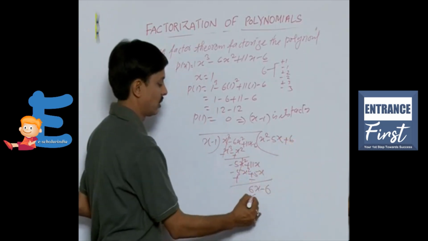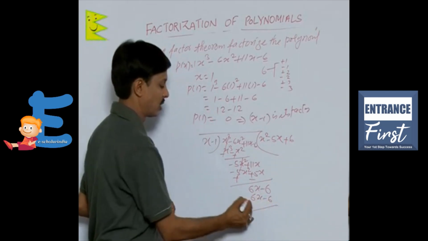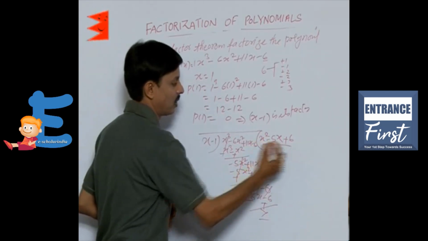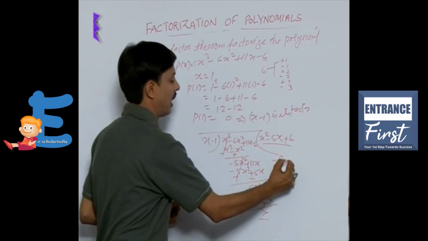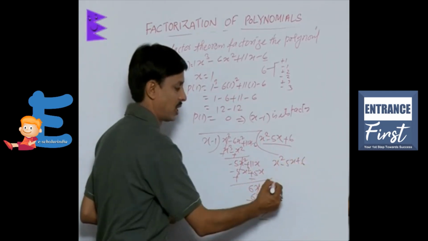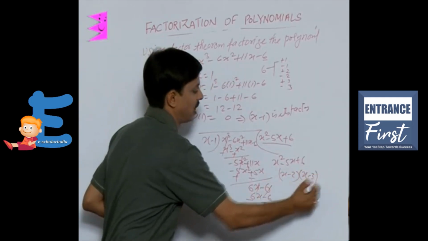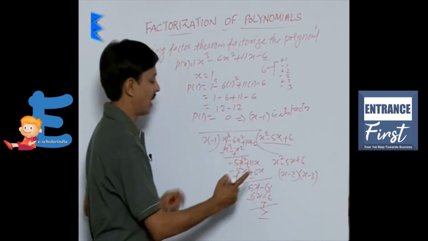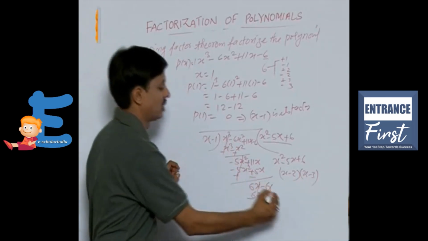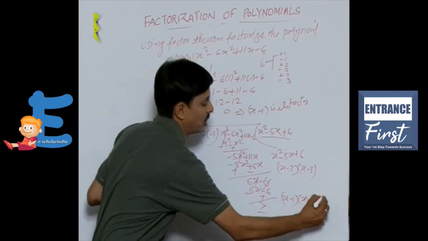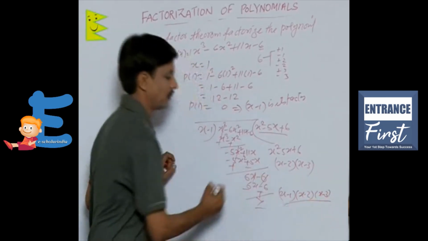I will take 6, then 6x minus 6, minus and this. Now I have obtained x square minus 5x plus 6. Factors of this, with the help of splitting the middle term, are x minus 2 into x minus 3. So all three factors are: first factor is x minus 1 and other two factors are x minus 2 into x minus 3.